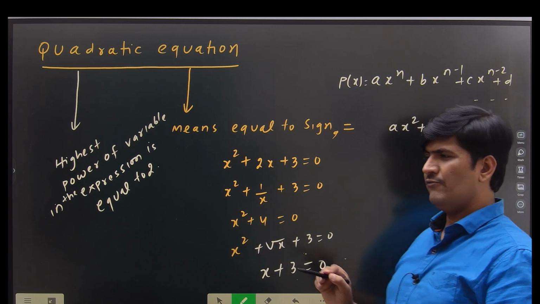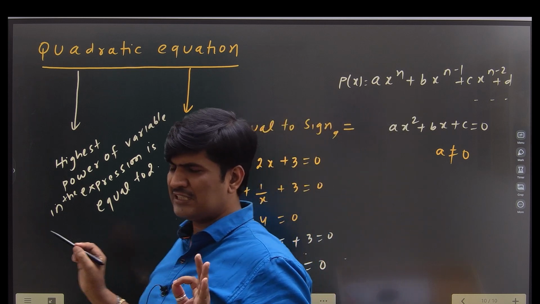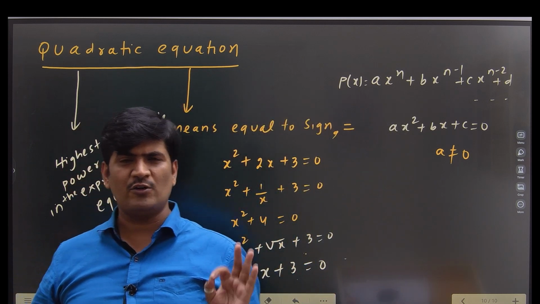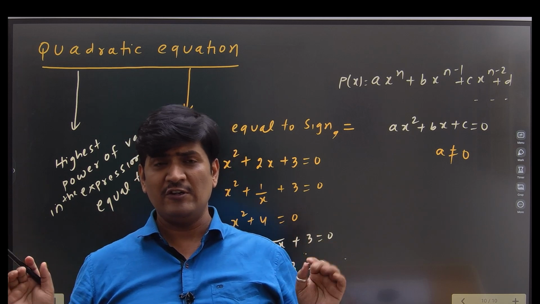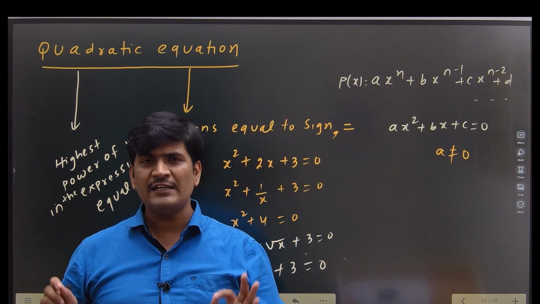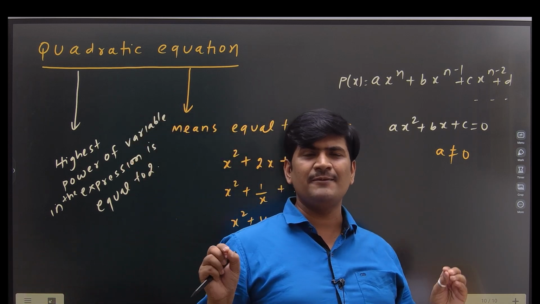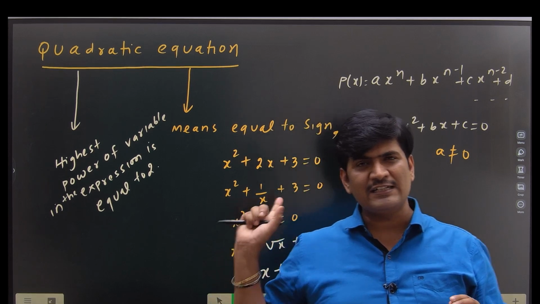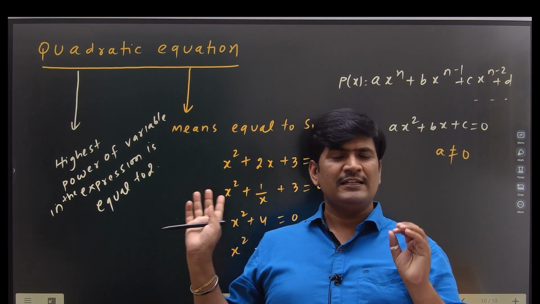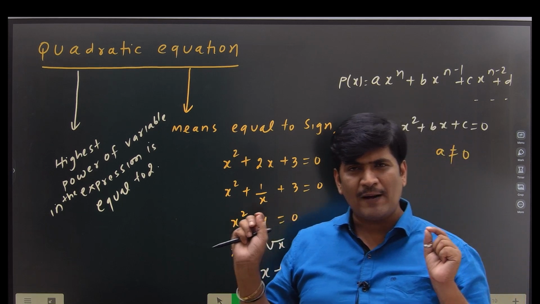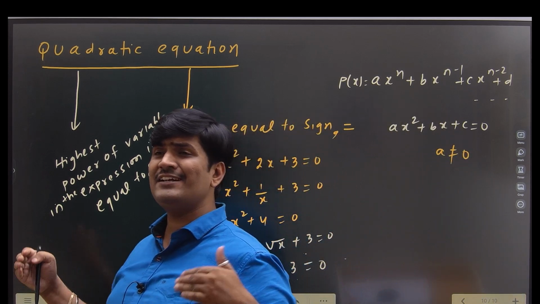So first we have to check whether the expressions are in polynomial form or not. Second, if the expressions are in polynomial form, then whether this is a quadratic equation or not. So in a polynomial, what is x? X is a variable.